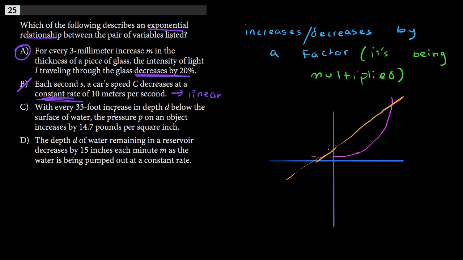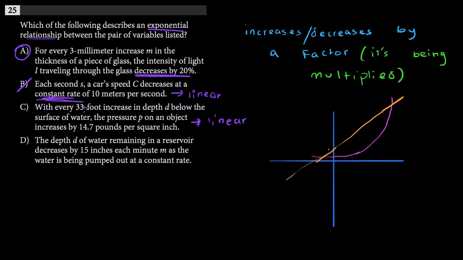With every 33-foot increase in depth d below the surface of water, the pressure on an object increases by 14.7 pounds per square inch. This one is also linear, even though it doesn't say constant rate necessarily, but it is a constant rate if you think about it, right?